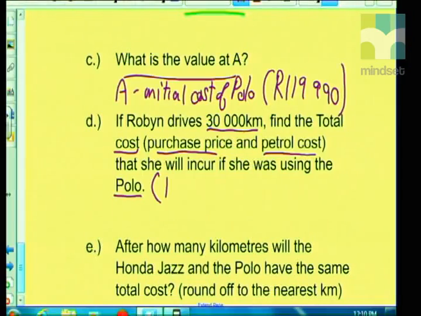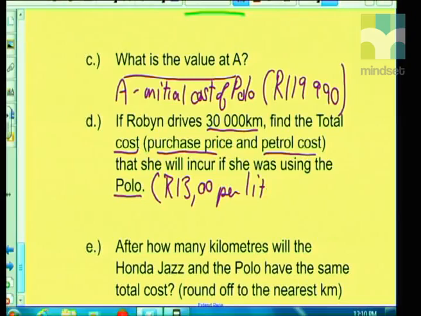Now, what isn't given here in this question, because it will change whenever you're doing this, is what's today's price of petrol? Well, I'm not exactly sure where she is in the country, but I'm going to round this off, and let's say that petrol costs 13 Rand exactly per litre.